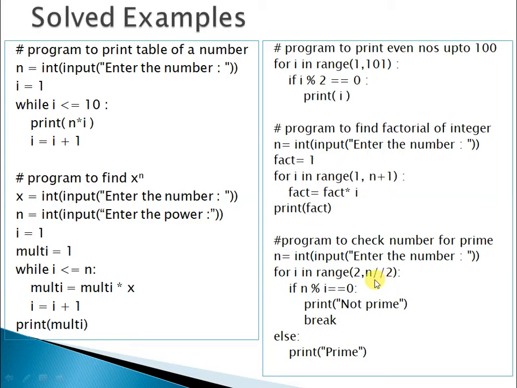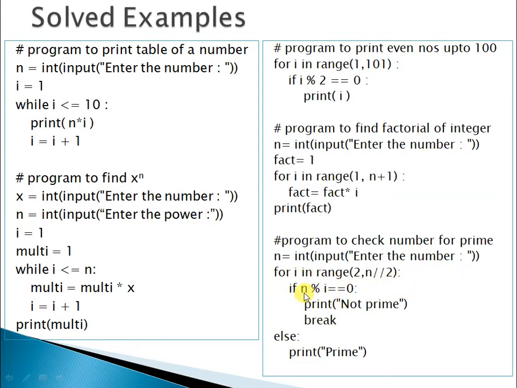Because we just want integer values. The floor division gives only integer values. So the loop value of i will start from 2, then 3, then 4, and on up to n divided by 2.